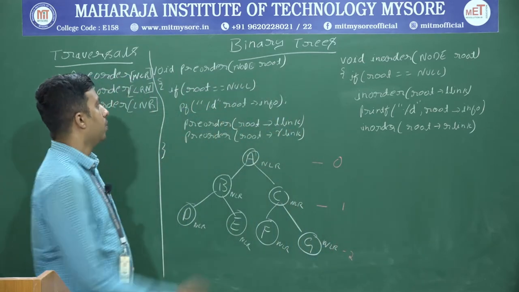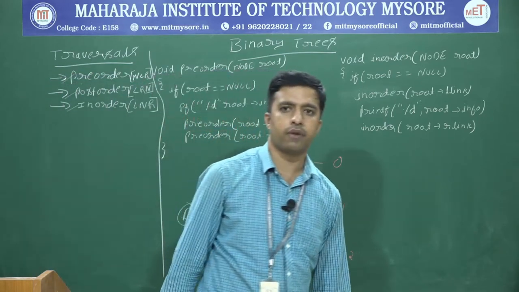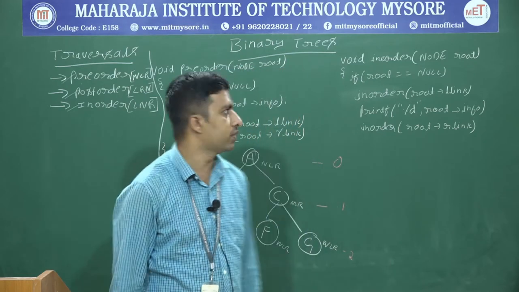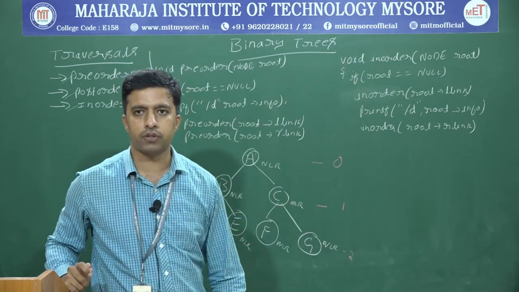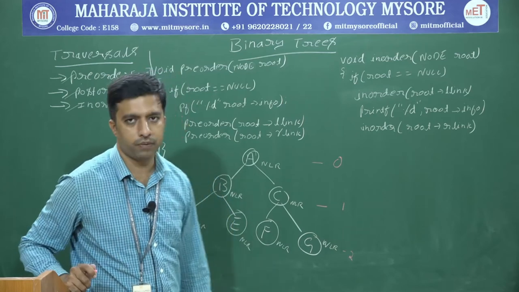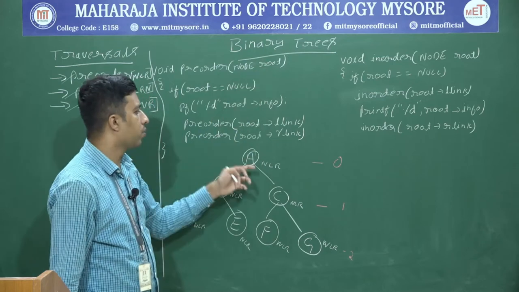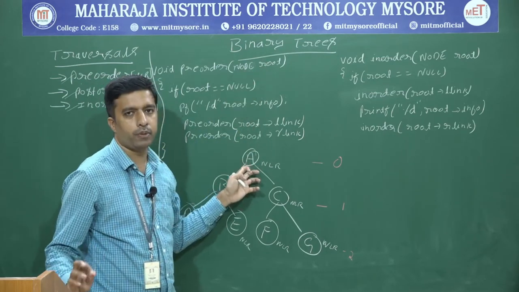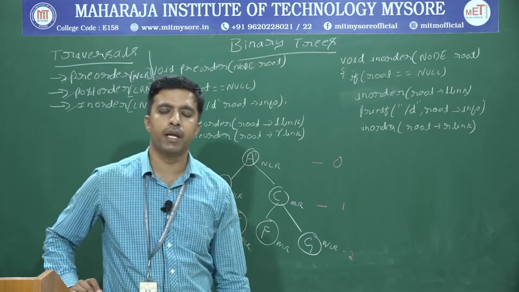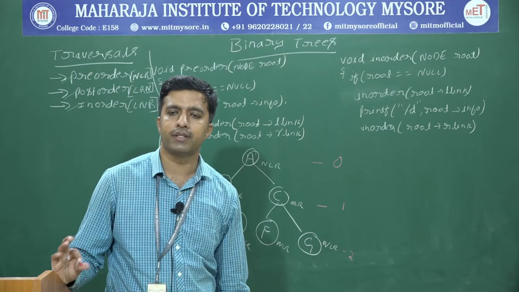Now from the main function, when the pre-order function is called, a root value will be passed from the main function to the sub function, that is the pre-order function. Here root is A. First you have to check, when performing any traversing operation, whether the root is empty or not.